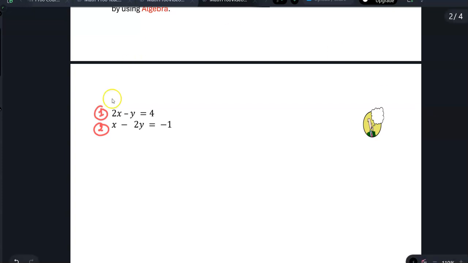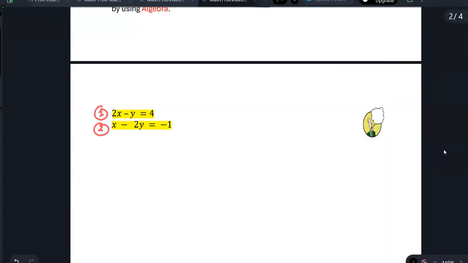The very first one is my equation number 1, and the second one is my equation number 2, and don't forget that I put them in a circle. So a 1 inside the circle means equation 1, and a 2 in the circle means equation 2.